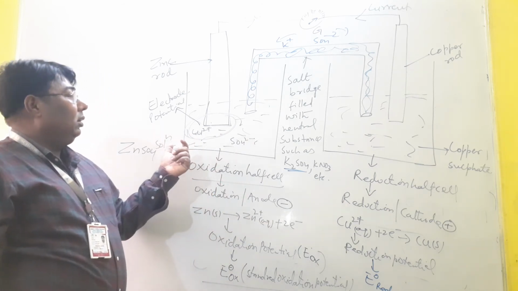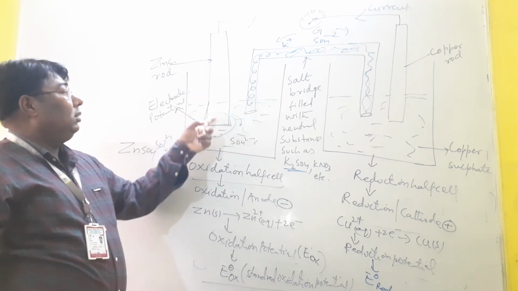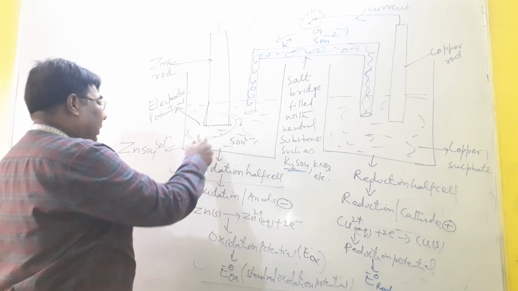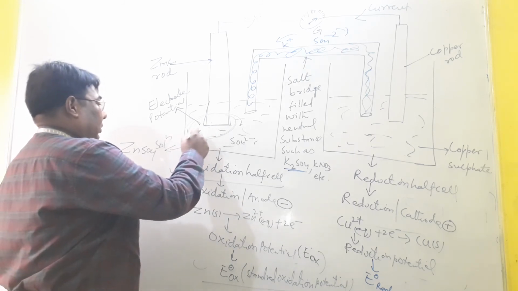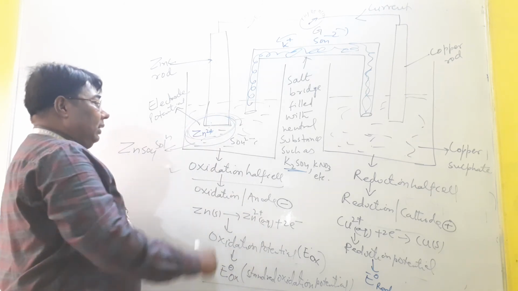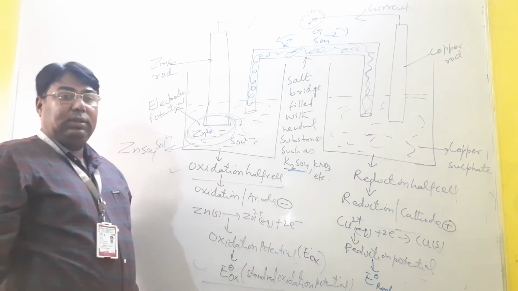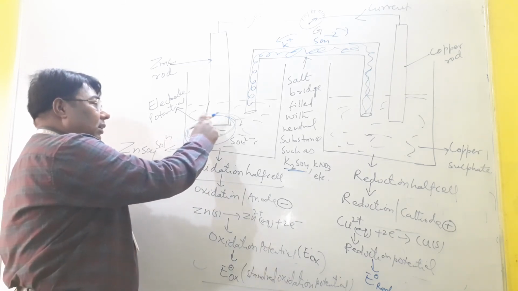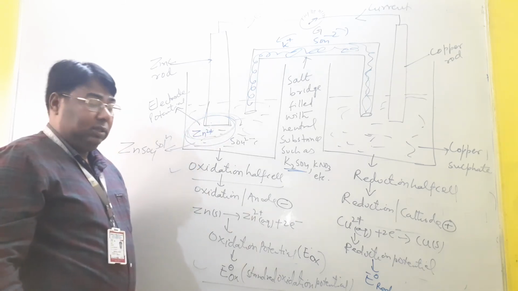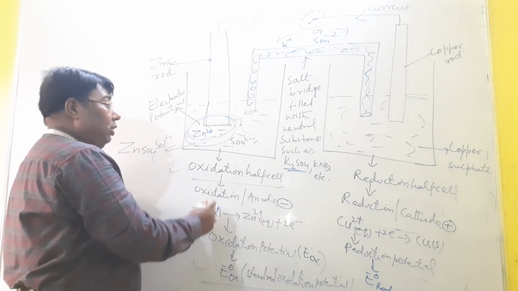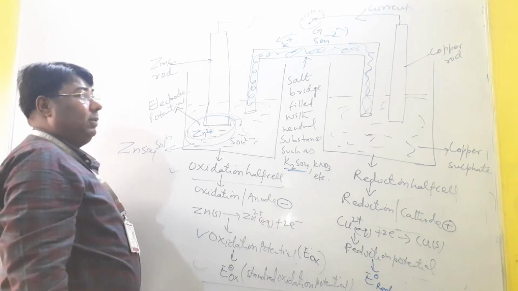Next, there is a zinc rod and there is a presence of Zn plus 2 ions, zinc sulfate. So between the Zn and Zn plus 2 ions, a potential develops because of the difference in electrons, and this potential is said to be oxidation potential, because here oxidation takes place.